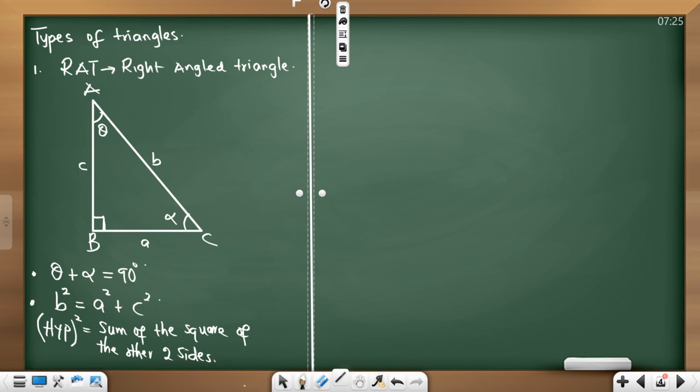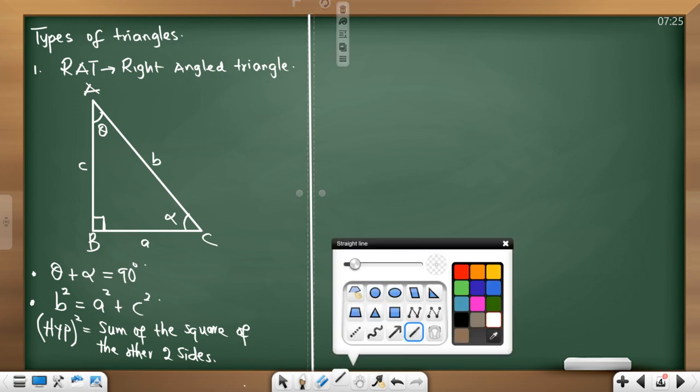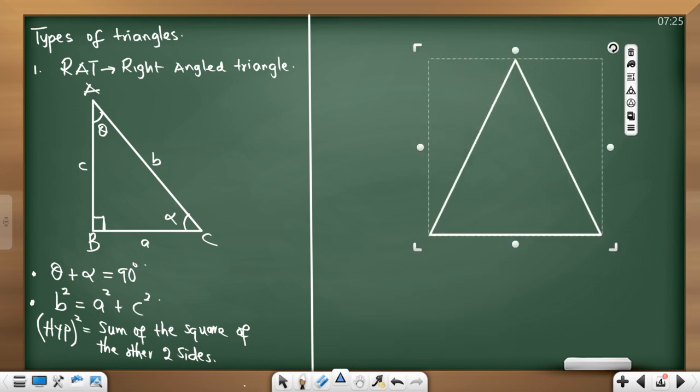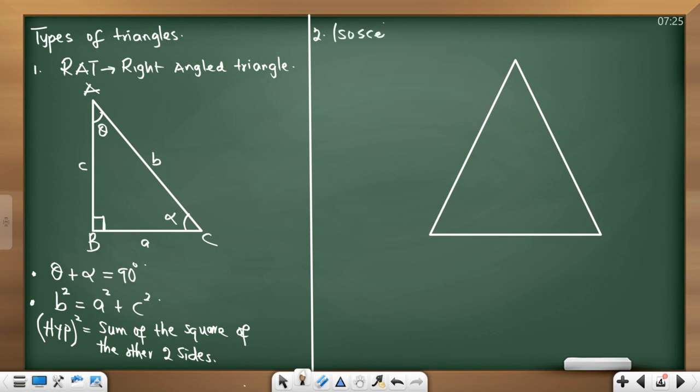The second type of triangle that I'm going to need us to quickly look at. When I say types of triangle, we're looking at things that will help us in our journey of Euclidean geometry. Number two is an isosceles triangle.